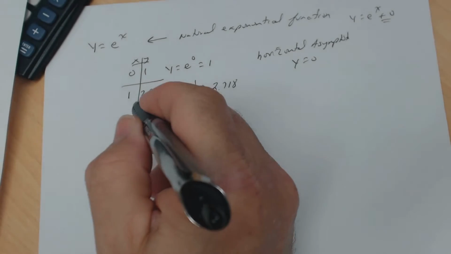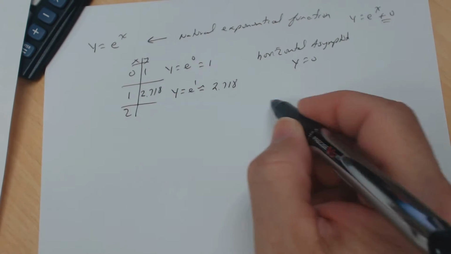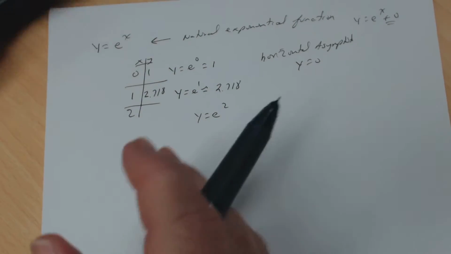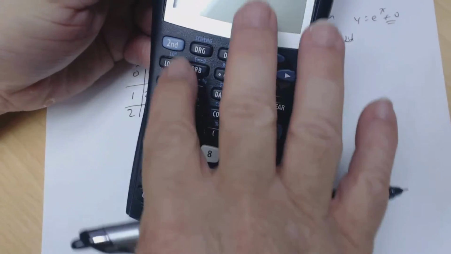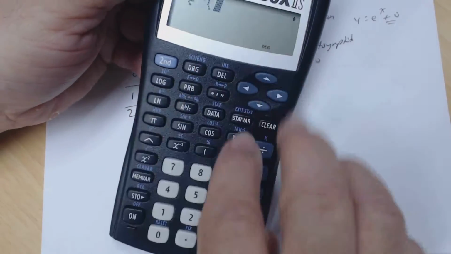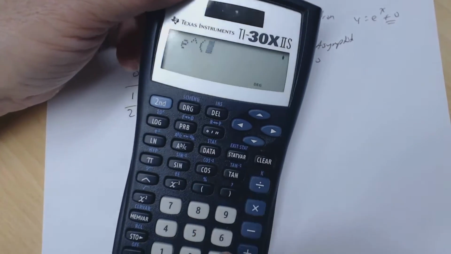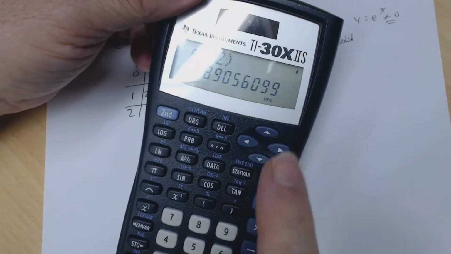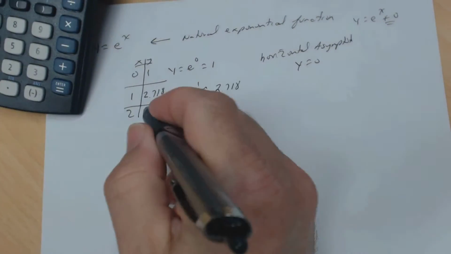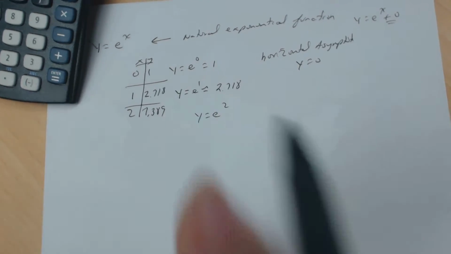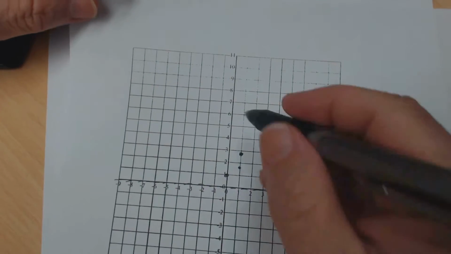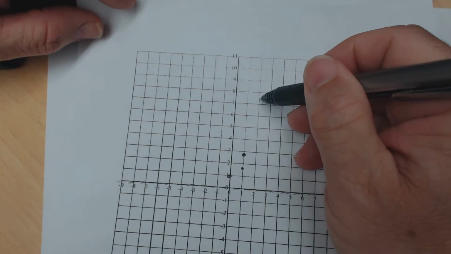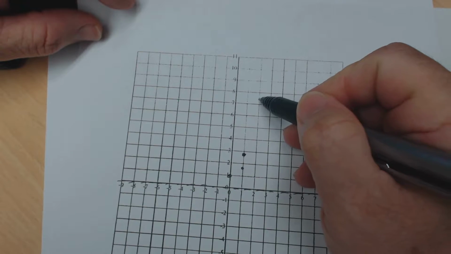If x is 2, I get y equals e squared. To find e squared, you press second e to the x, 2, press equal, and it's about 7.389, so about 7.4 is right here.